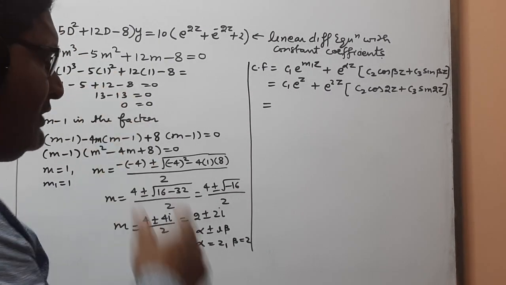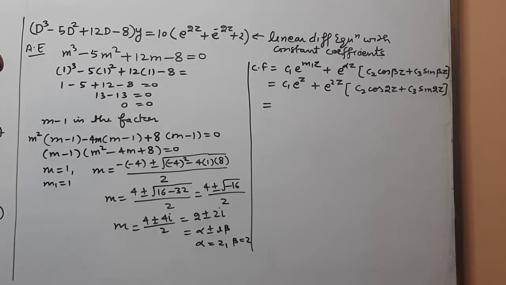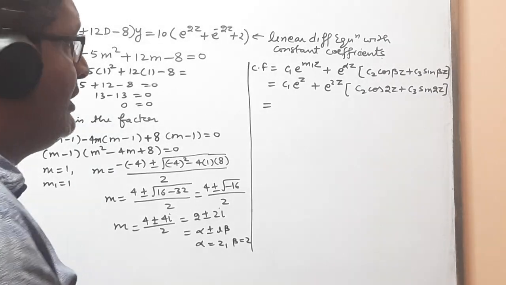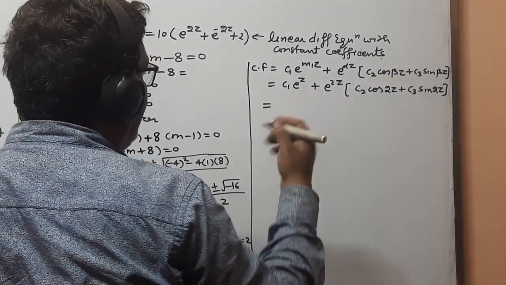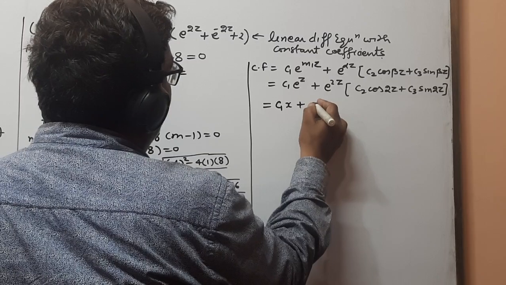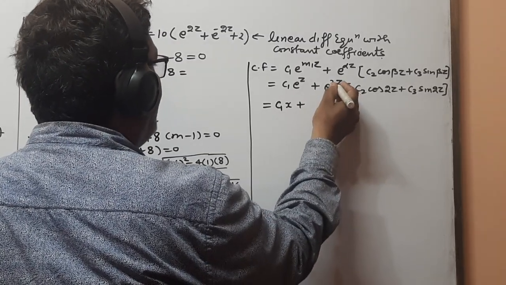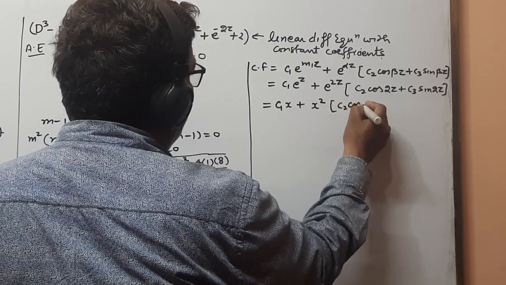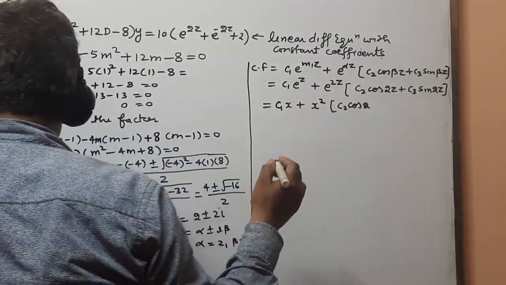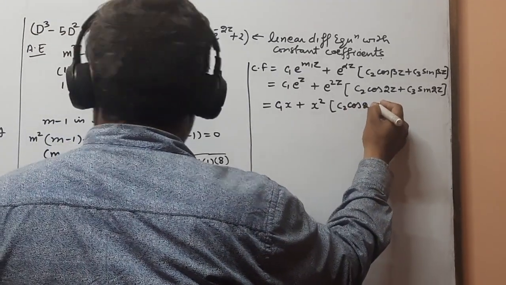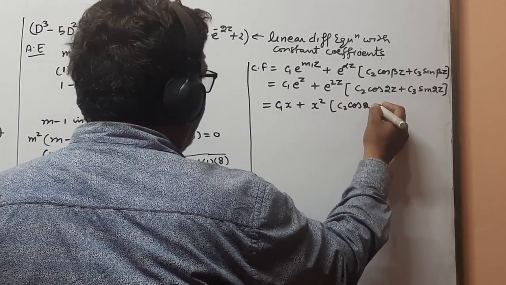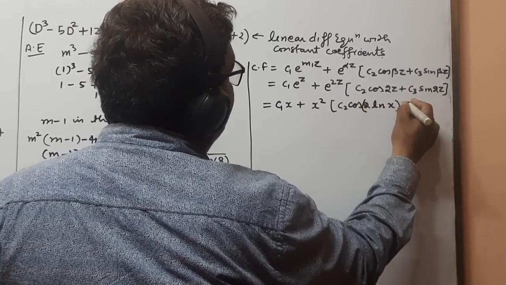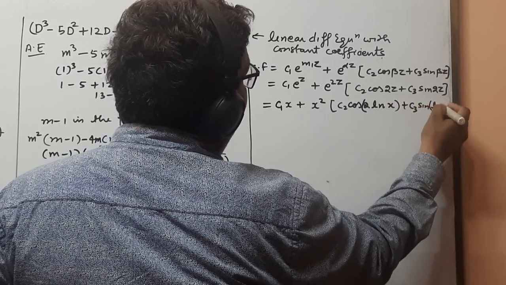Now we convert this e to the power z in place of x. We know that when we convert homogeneous linear differential equation into linear differential equation with constant coefficient, we put x equal to e to the power z. Now we convert this e to the power z into x, so we write here c1 x, and this can be written as e to the power z whole square, so this can be written as x square, and c2 cos 2, and z is here log x or ln x, plus c3 sin ln x.